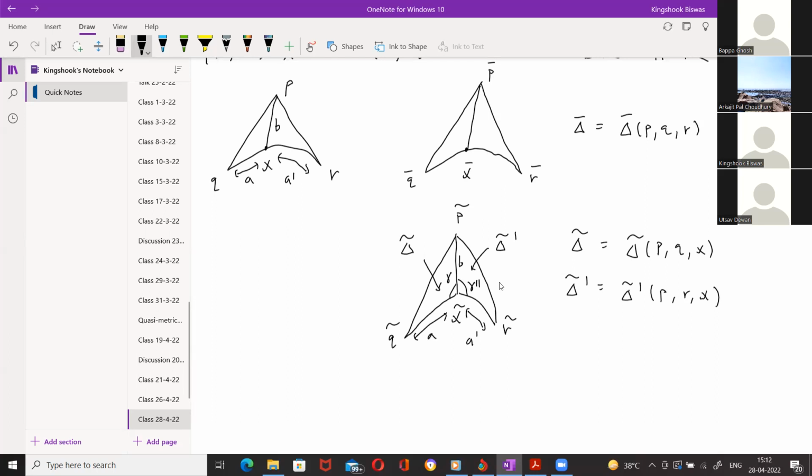Because these are comparison triangles for these two triangles. And this let me call B bar, right? And then this side is A, and this is A prime. So this is A plus A prime, right? Okay. And now what do I have?